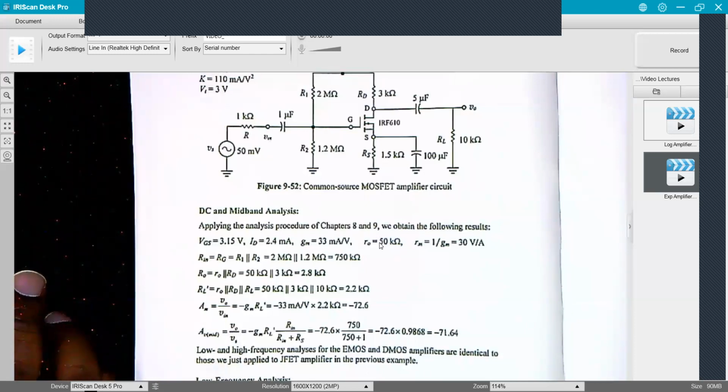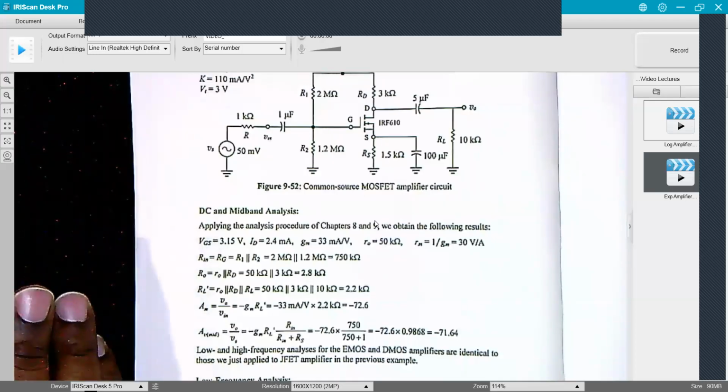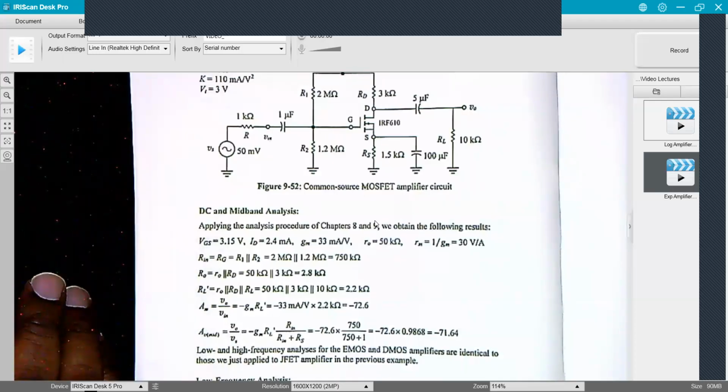I said we'll talk about that a little bit more when we get into the small signal model. You can see why we can put it in or ignore it. It usually doesn't make a whole lot of difference. It depends on what you have connected at this node here.